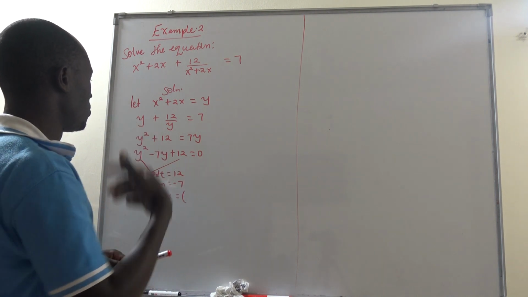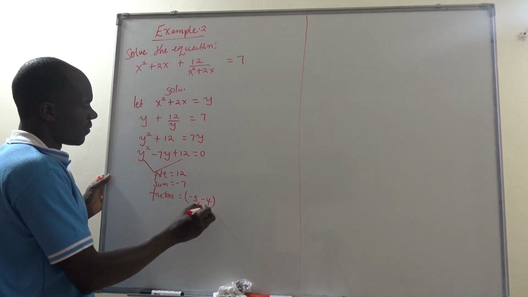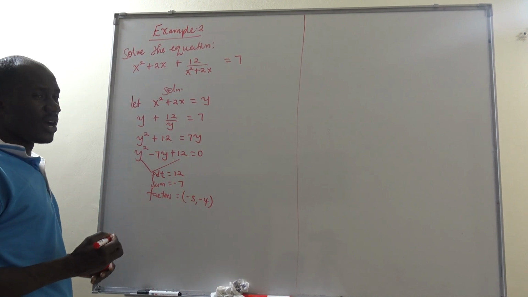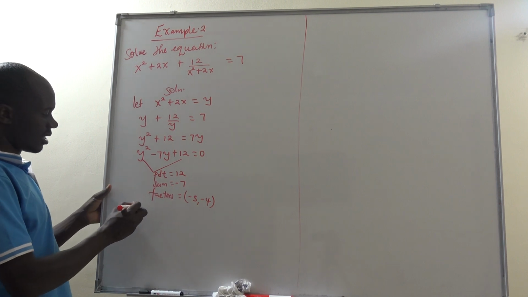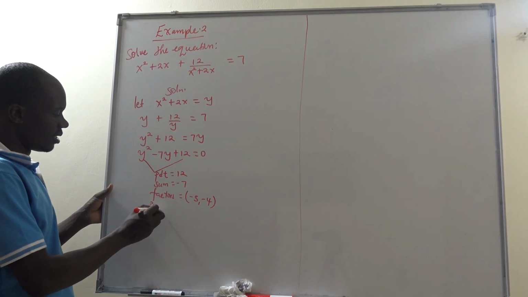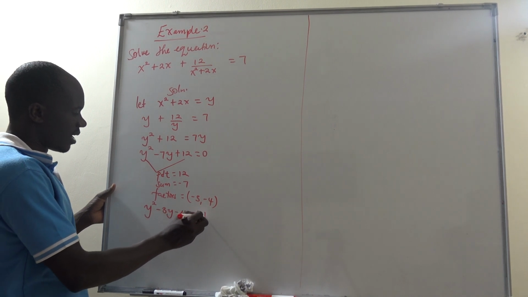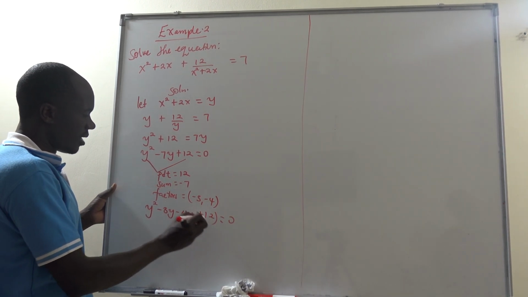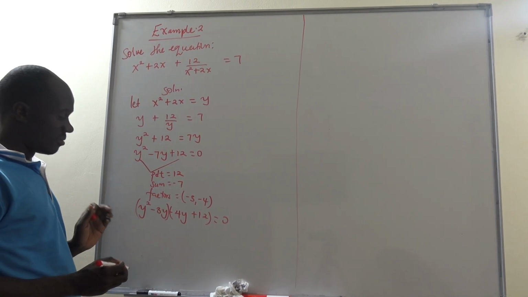So they will be -3 and -4. Where there is 7y, kindly substitute in these factors. So we have y squared minus 3y minus 4y plus 12 equals 0. Pull out what is common.